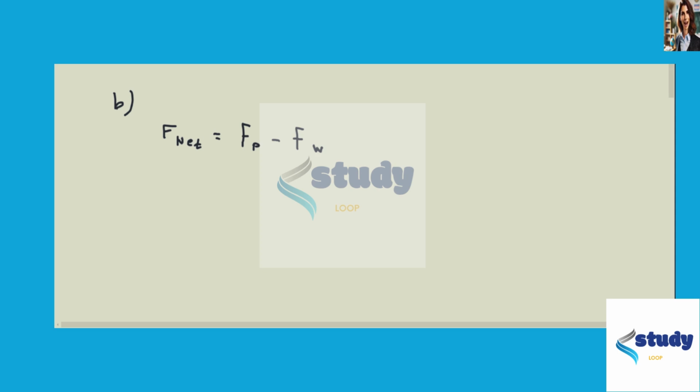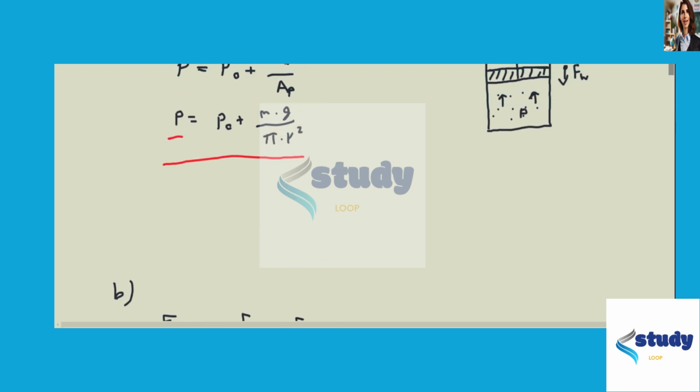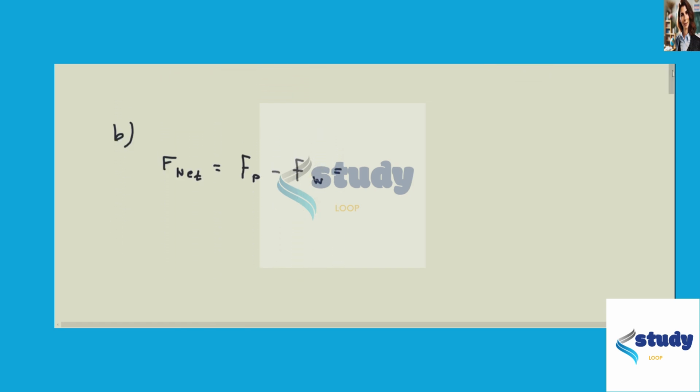Now we need to see what we will substitute for the force Fp. We know that it is some pressure times the area, but what pressure? This pressure must have the atmospheric pressure counted out, so the atmospheric pressure must be subtracted from it. Also, from the static condition, we know that P is equal to P0 plus mg over pi r squared. But this is not the complete equation.